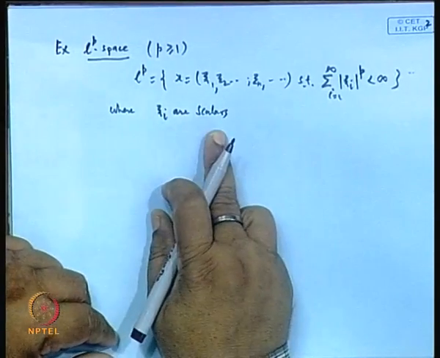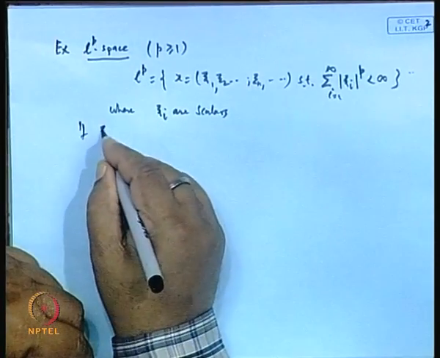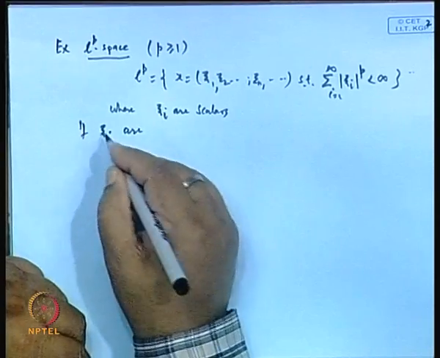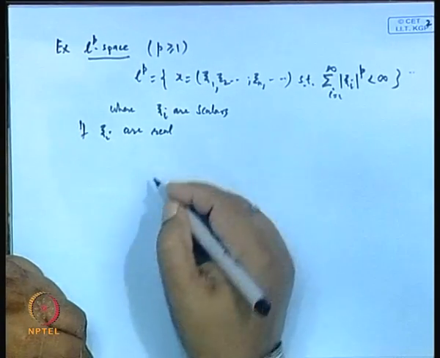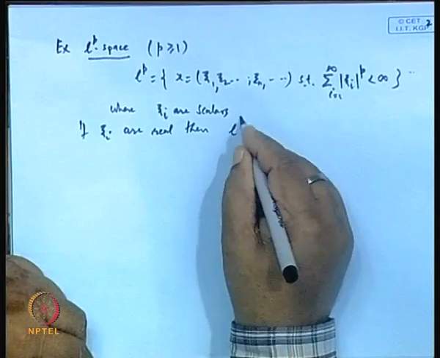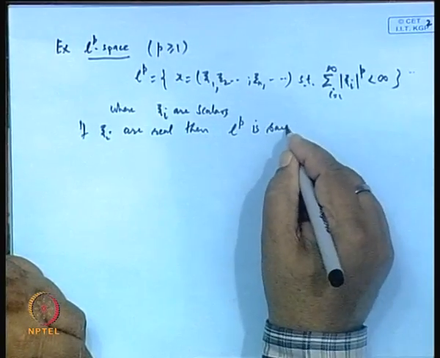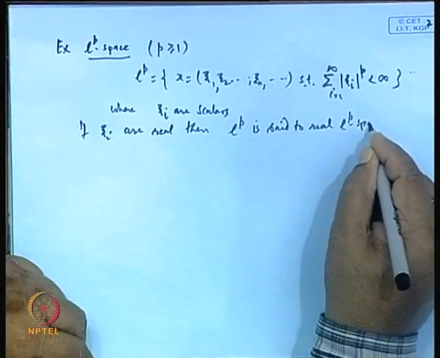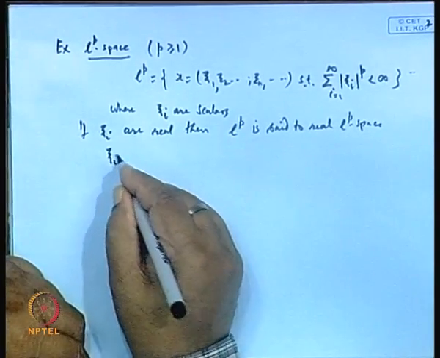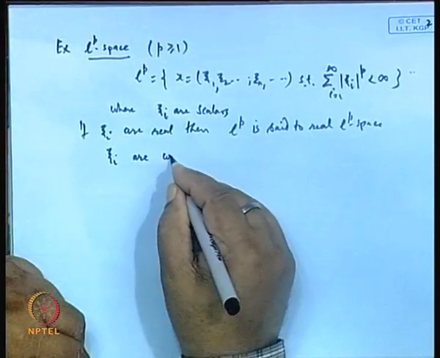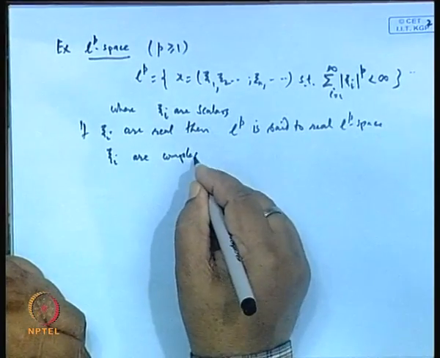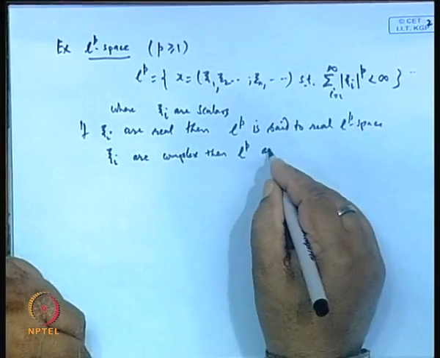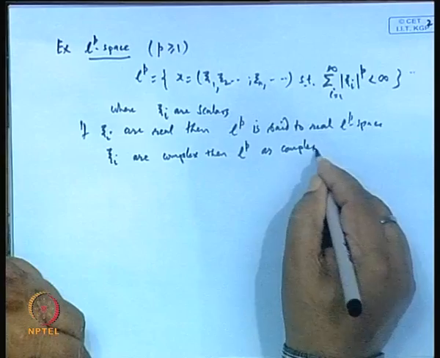If the ξi's are real, then the LP space is said to be a real LP space, and if the ξi's are complex numbers, then we call LP a complex LP space.